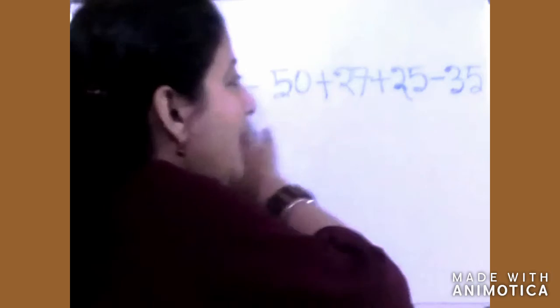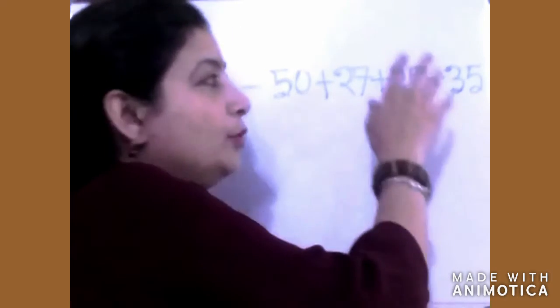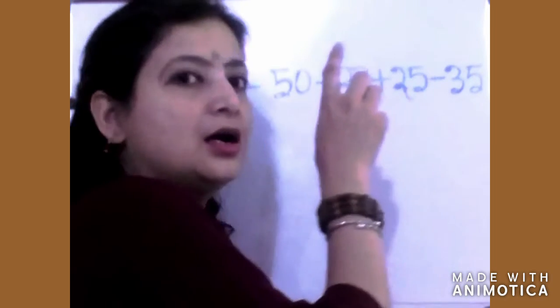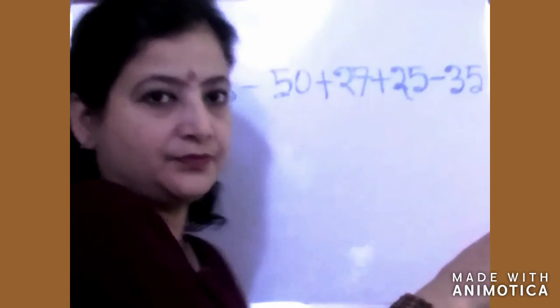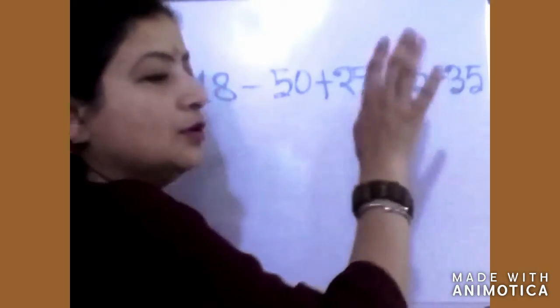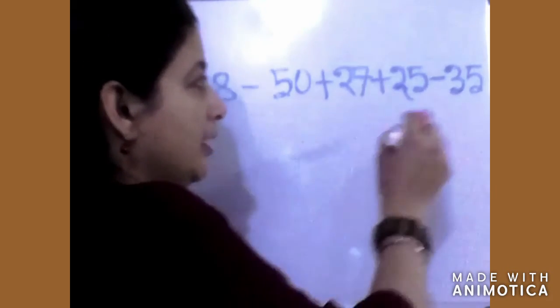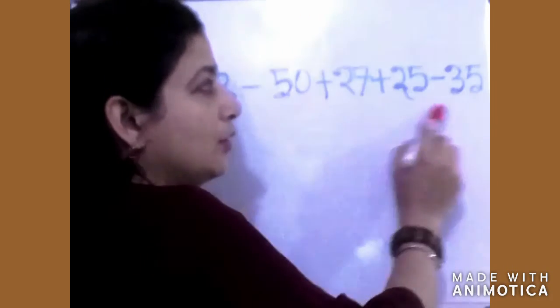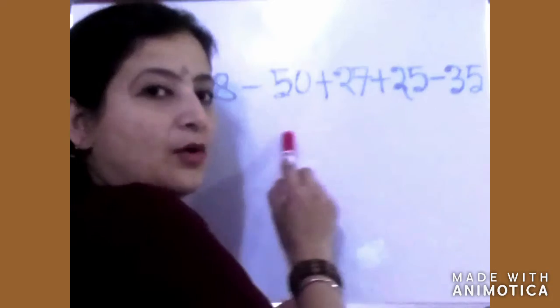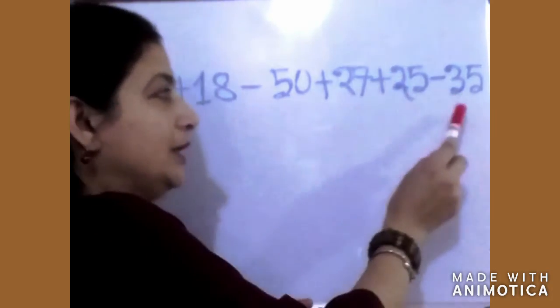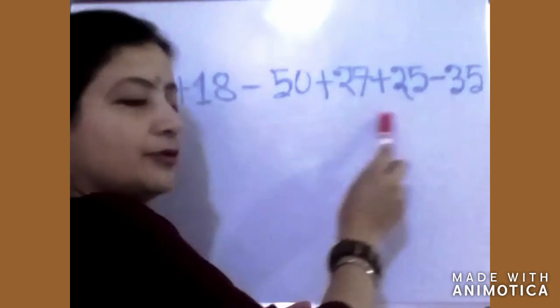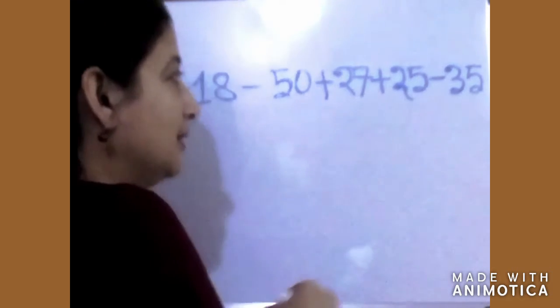After the calculation, we will see the rightmost number, and the rightmost number will be the constant. From right to left, we will increase the power of the variable.